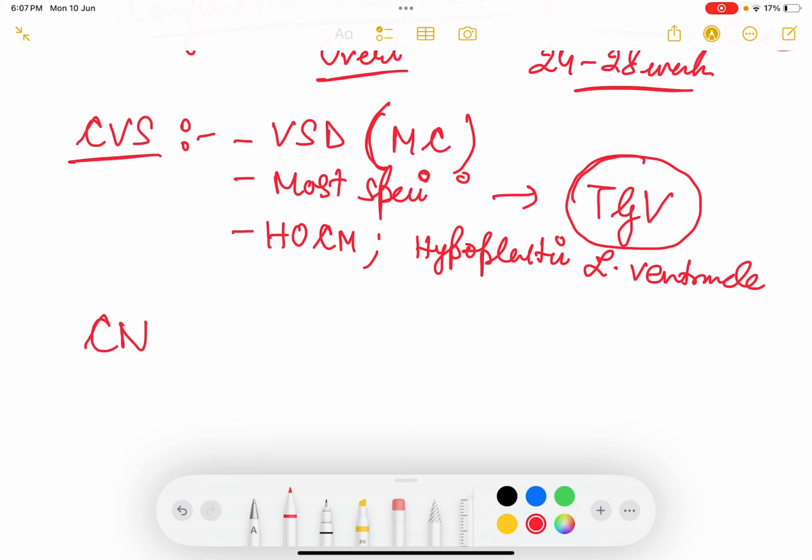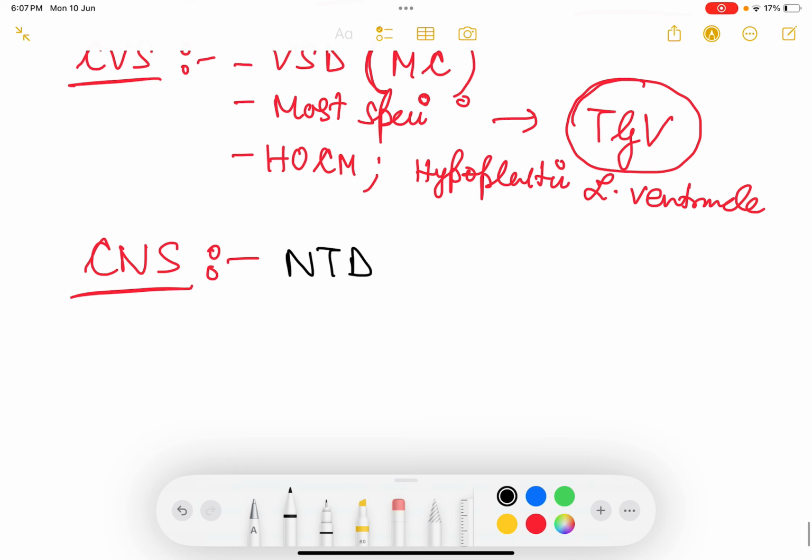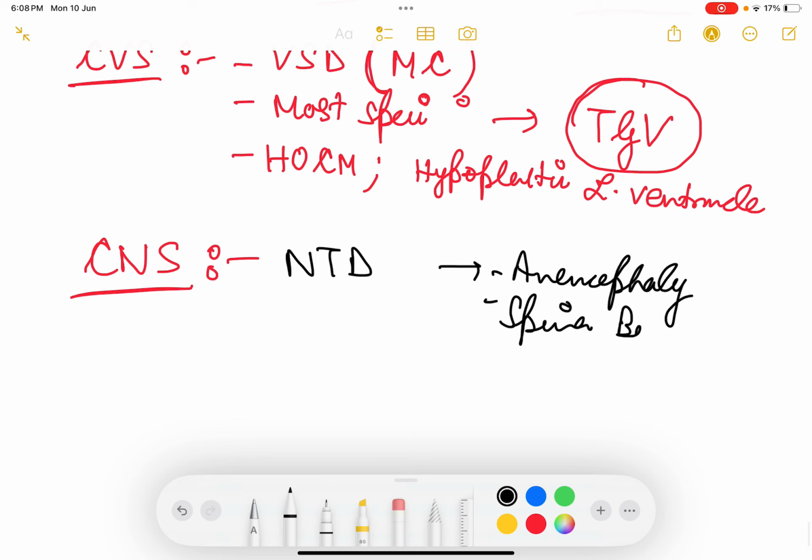Then coming to CNS abnormalities are also very common, of which neural tube defect abnormalities are very common. उसमें से you can have your anencephaly. Anencephaly can be there, whereby the head is not formed, the cranial vault is not formed, or there can be spina bifida, whereby the spinal cord is divided into two.